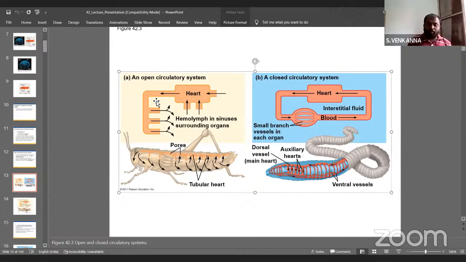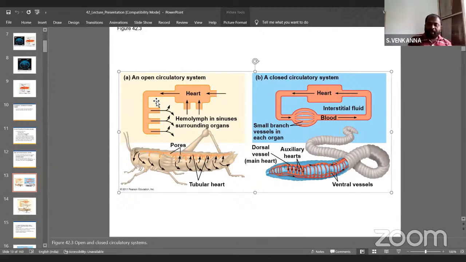The hemolymph is composed of water, inorganic salts, mostly sodium, chloride, potassium, magnesium, and calcium, and organic compounds, mostly carbohydrates, proteins, and lipids.